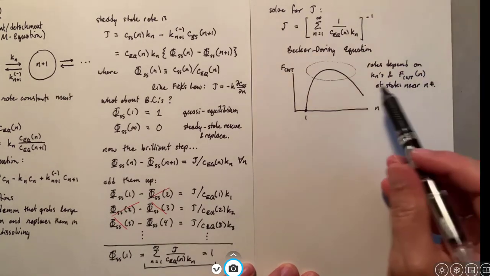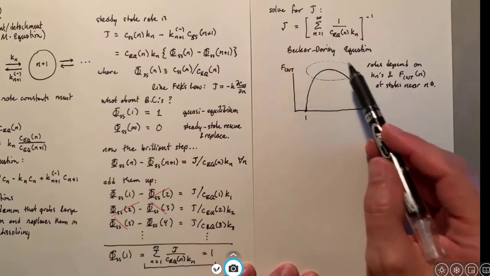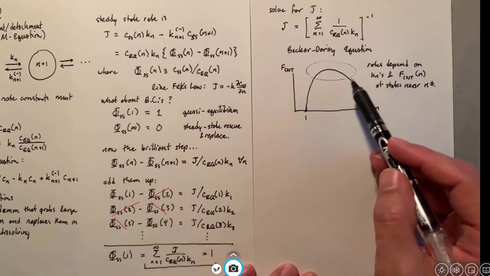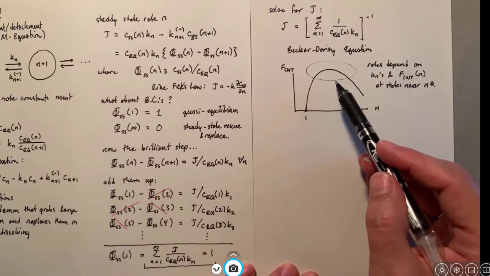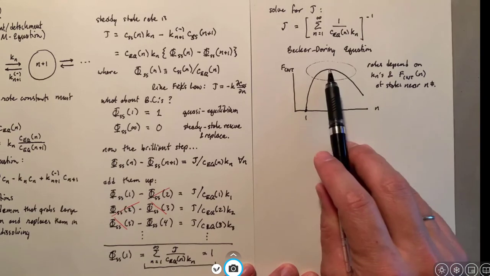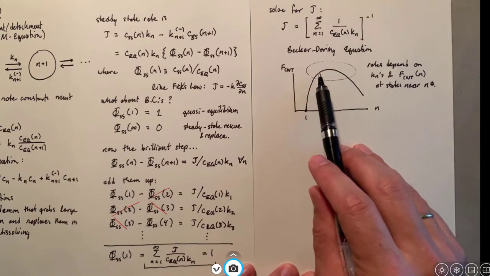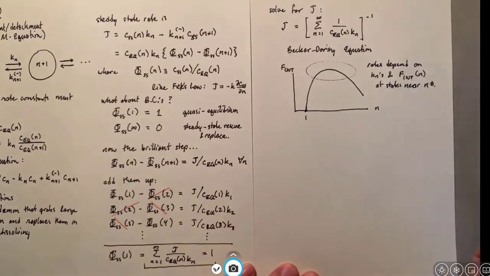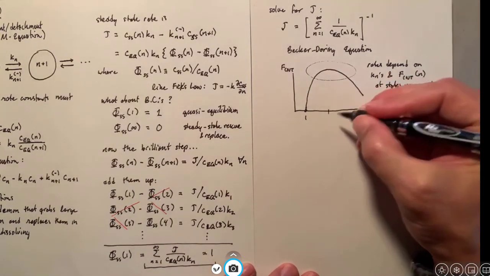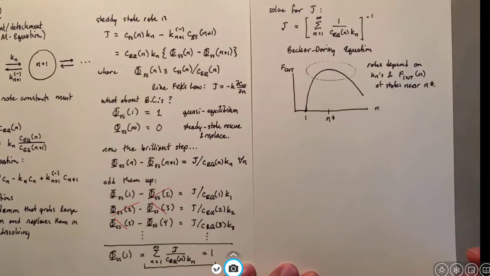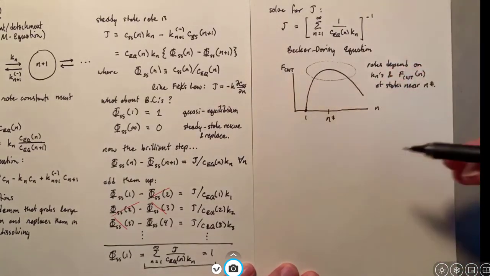And for all practical purposes, you really only need to know the shape of the energy landscape right here in the neighborhood of the top of this barrier. So much like transition state theory in a way, except that we do have contributions from points that aren't exactly here. Now we have contributions that are decaying in importance as you move away from the top of the barrier. And let me mark this down for completeness here, that this is our critical nucleus size.